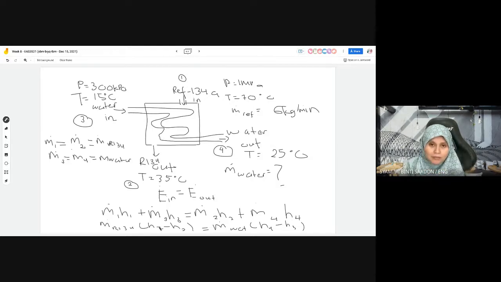So this time I think we can use the table that we already have. This is water.